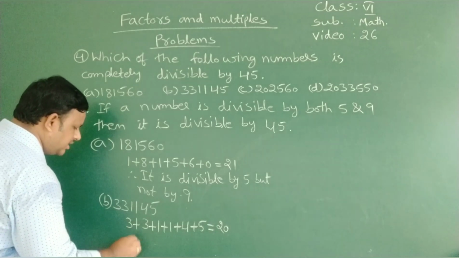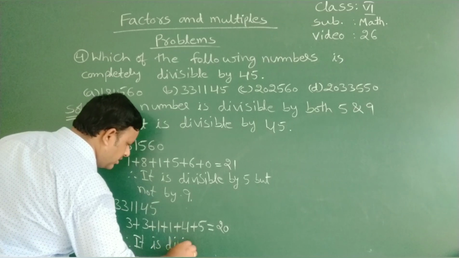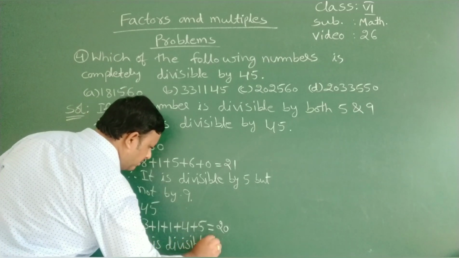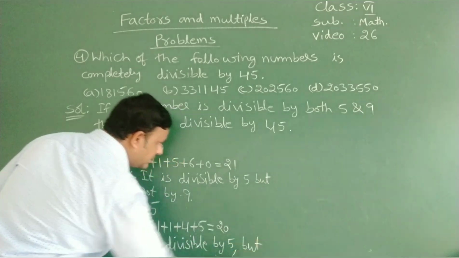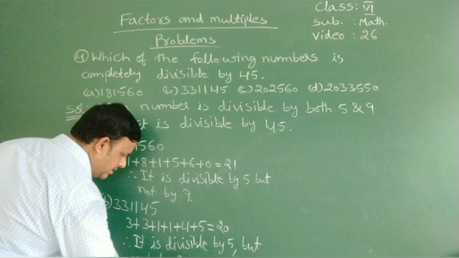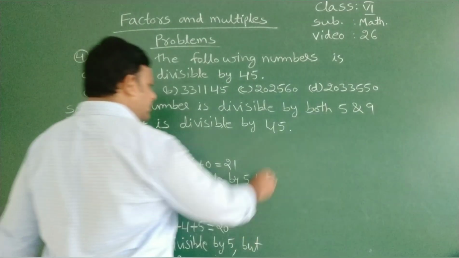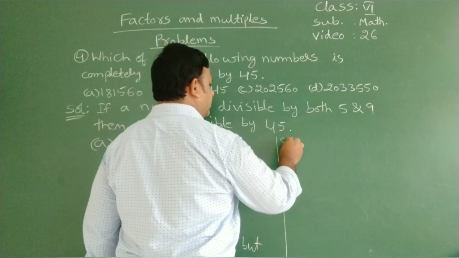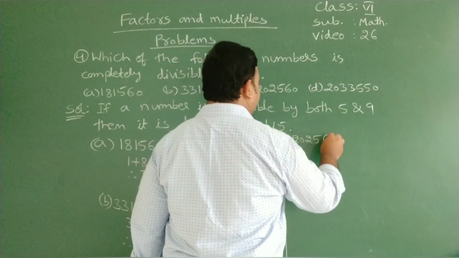Therefore, it is divisible by 5 but not by 9. Now let us see the third number, that is 202560.